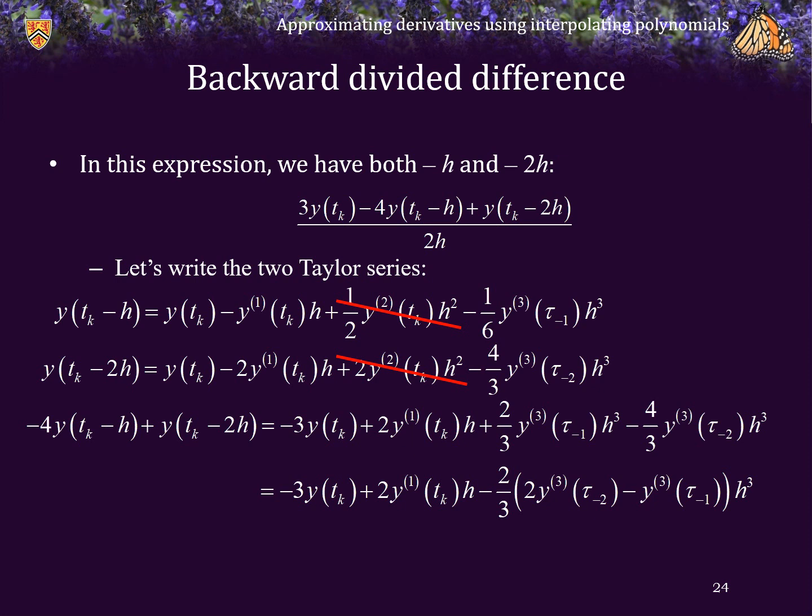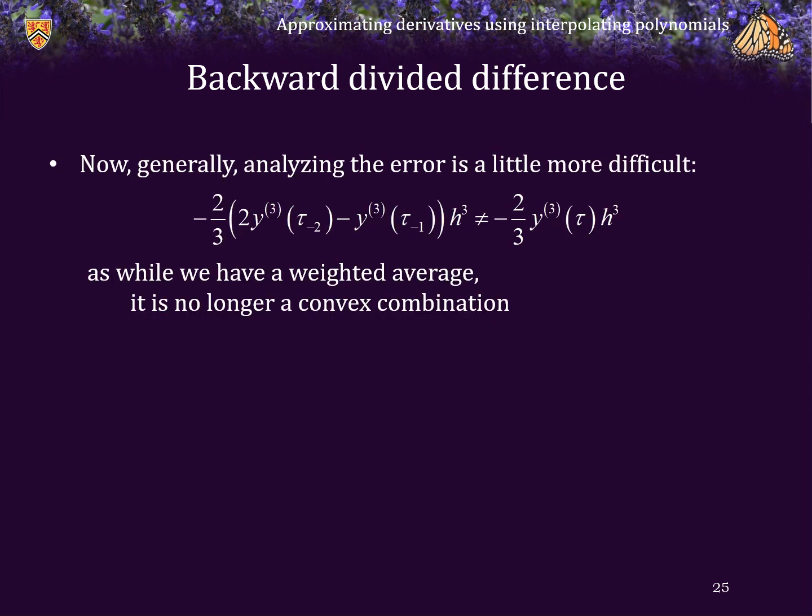All right, so now we have a weighted average, but there's a problem with this weighted average because it does not have all positive coefficients. Analyzing this error term is actually rather ugly because it's a weighted average, but it's not a convex combination. Consequently, we cannot use the intermediate value theorem, which is really unfortunate.